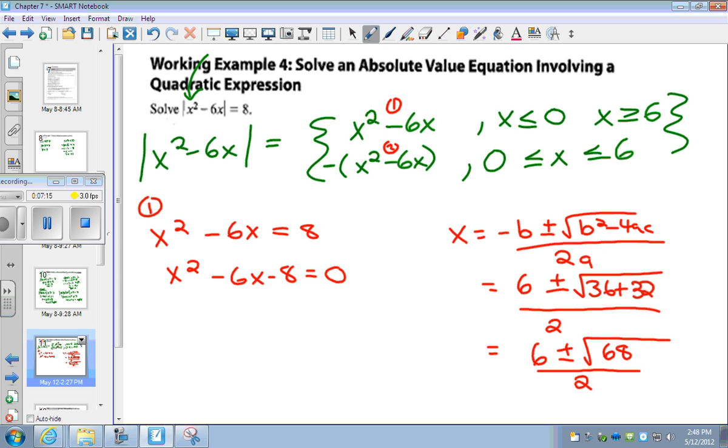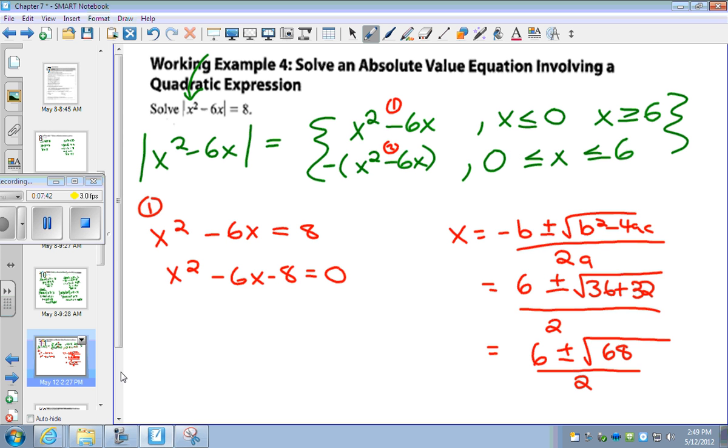Oh dear. 68 is 16 times something, I believe. Let's look at 68 on my calculator here. 68 divided by 16, no, I was wrong. 68 divided by 4 is 17, so 68 is 17 times 4.